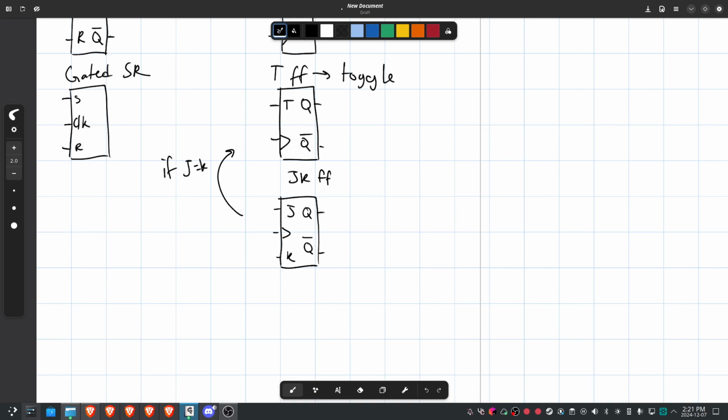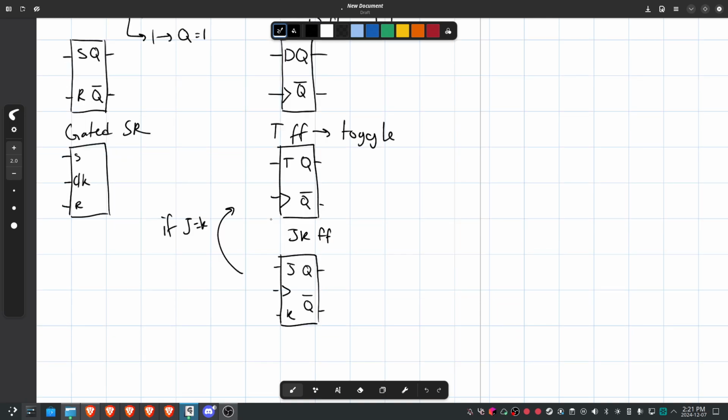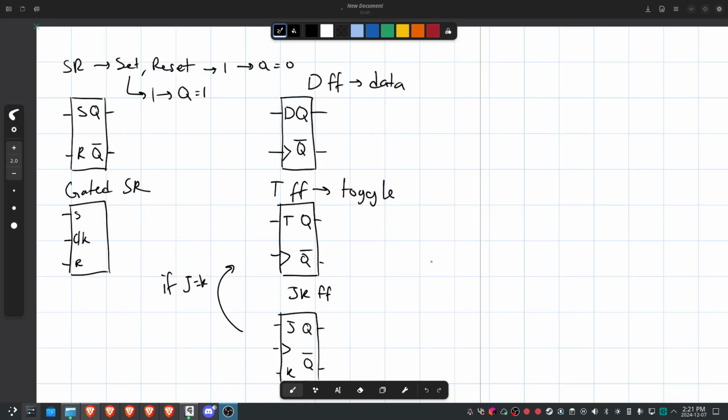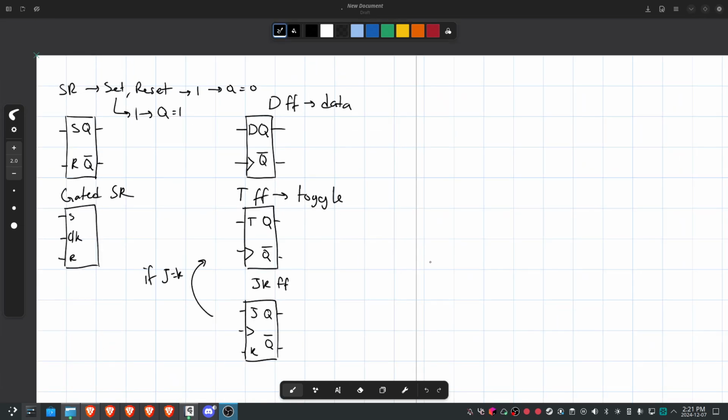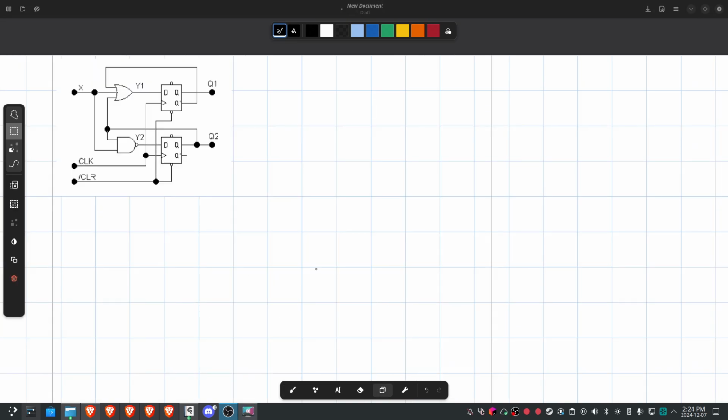If both of them are 1, it toggles. So now we have all of the different flip-flops and gates that we will be seeing in this course. To explain the diagrams of a circuit, I'm going to be using this example circuit to basically derive them all. So we have an example to show off how they work.